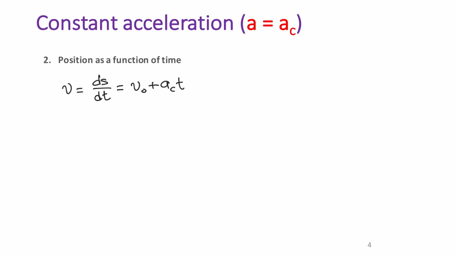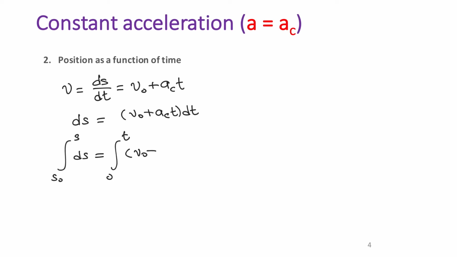Now, we can have ds equals v0 plus a_c multiplied by time, times dt. And then we can integrate from s0 to s for ds, and then integrate from 0 to time t for v0 plus a_c t dt.